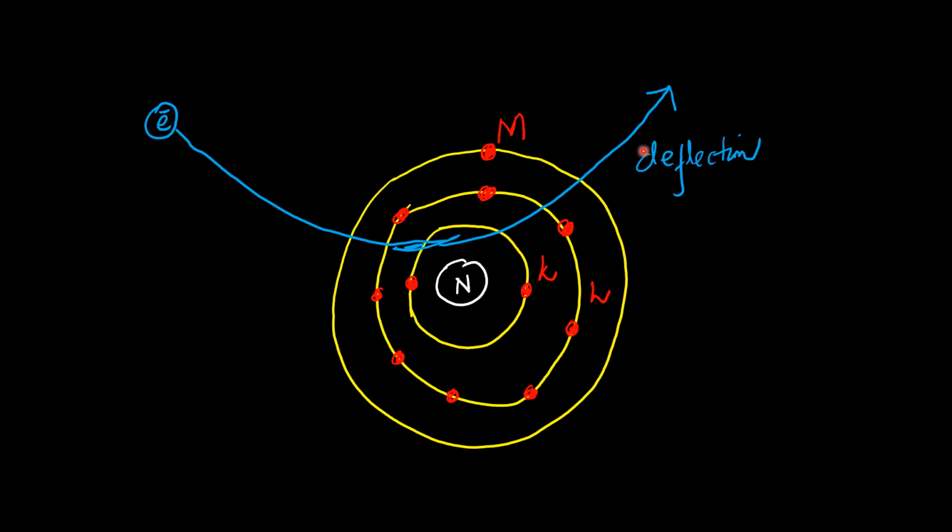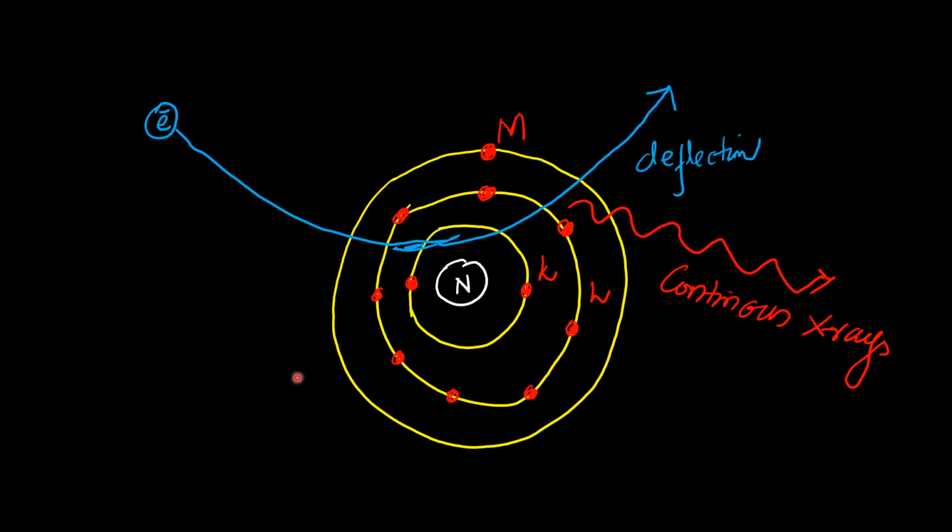Due to the deflection of the electron there will be a release of energy in the form of radiation, which is known as continuous X-rays.